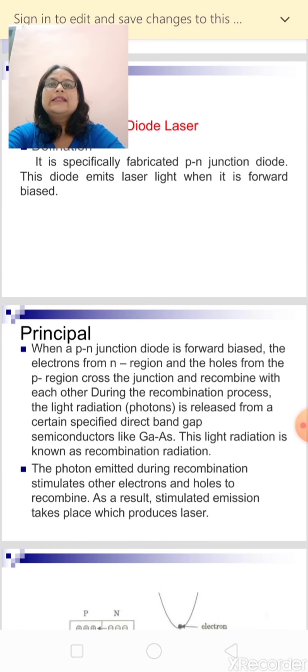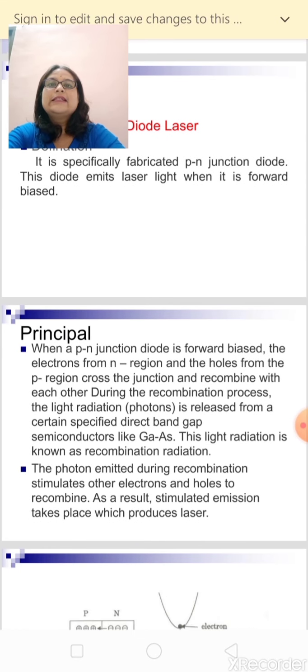When a PN junction diode is in forward bias, which is shown in the diagram, the electrons from the N region and holes from the P region cross the junction and recombine with each other. During the recombination process, light radiation is released from a certain specified direct band gap.